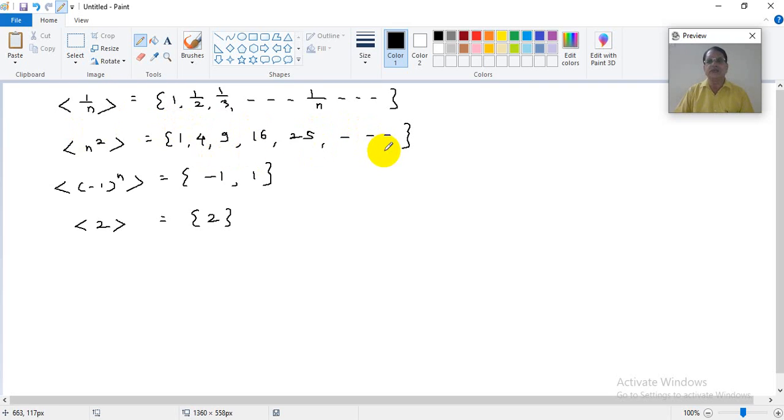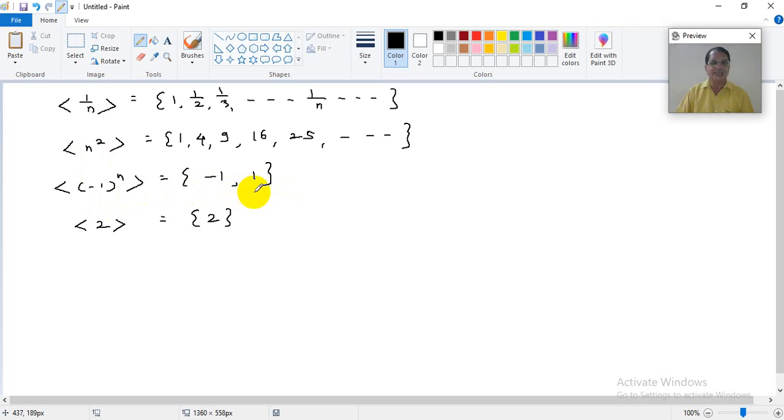This also contains infinitely many terms, right? Because the definition of the function was f of n is equal to n square, so whenever you put different n's, you will get different squares. Here we are considering positive natural numbers, positive integers actually. The set of natural numbers can also be considered as the set of positive integers. But here the range set of this sequence is just 2 elements.